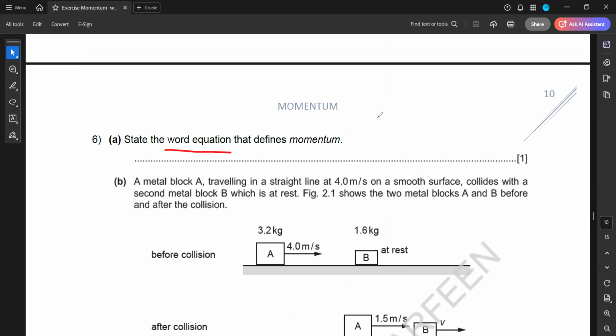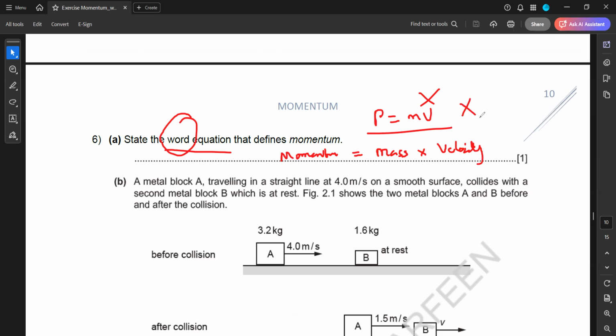If you write P equals mv, you will not get the mark. Why? Because it's clearly mentioned that it is a word equation. So I should say momentum equals mass times the velocity. If I use any symbols, I will lose the mark. So I'm supposed to write the words.